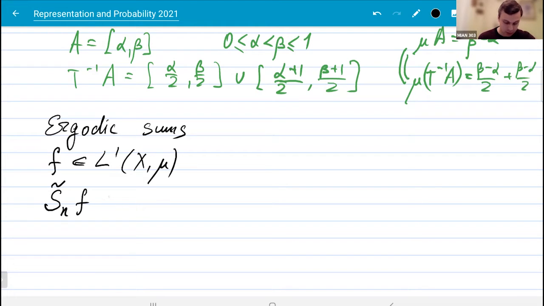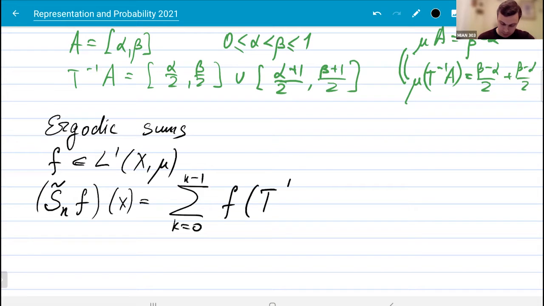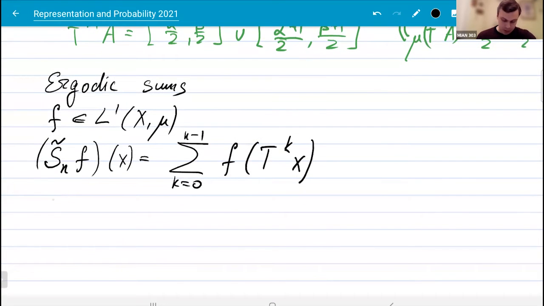Its value at the point x is the sum, and it is also quite convenient to normalize this notation and take this one.